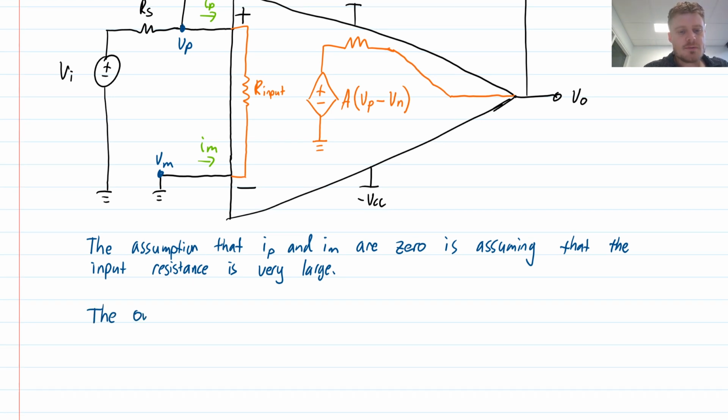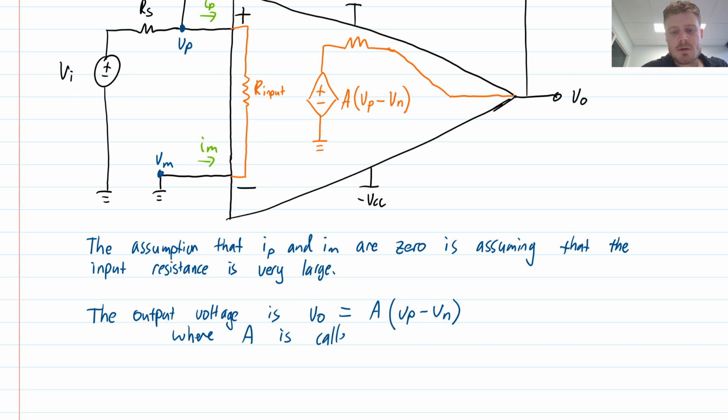The output voltage V0 is A times Vp minus Vn, where A is called the open loop gain.